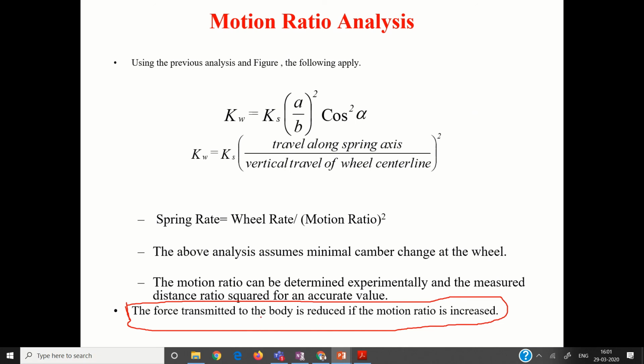So what is the idea of this motion ratio? The force transmitted to the body is reduced if the motion ratio is increased. Correct? Because load is transferred to the chassis from the wheels, that we have studied.